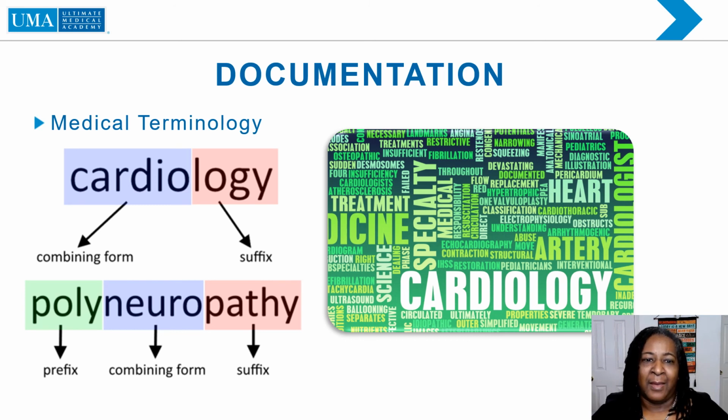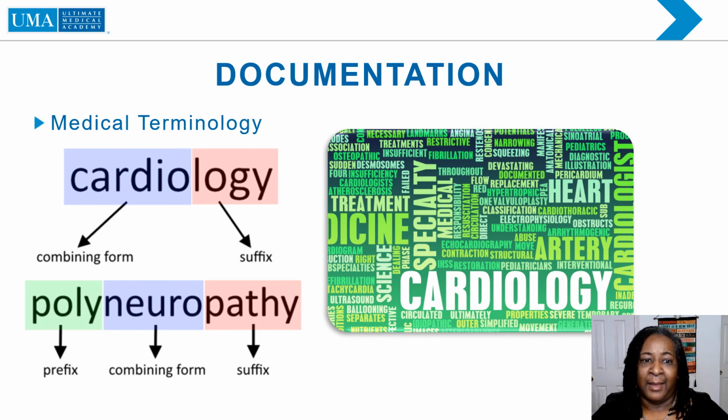Let's look at polyneuropathy. Seems like a pretty difficult word, but let's break it down. It is broken down into a prefix, a combining form or root word, and a suffix. The prefix, poly, meaning many, neuro, meaning nerve, and opathy, the suffix, meaning condition, disorder, or disease of.